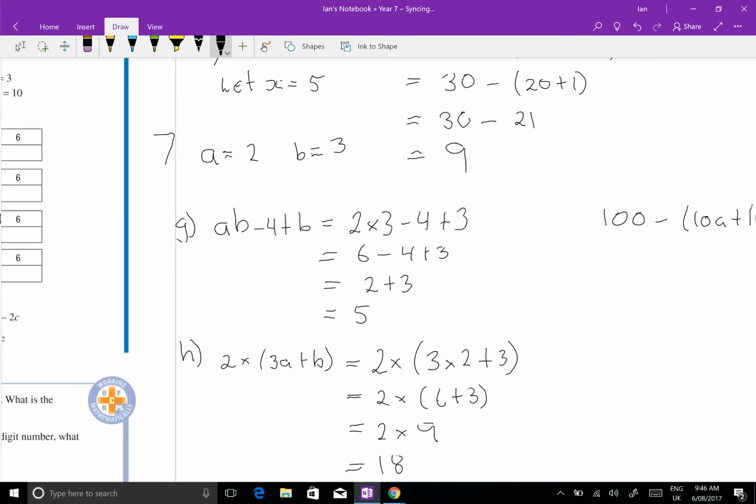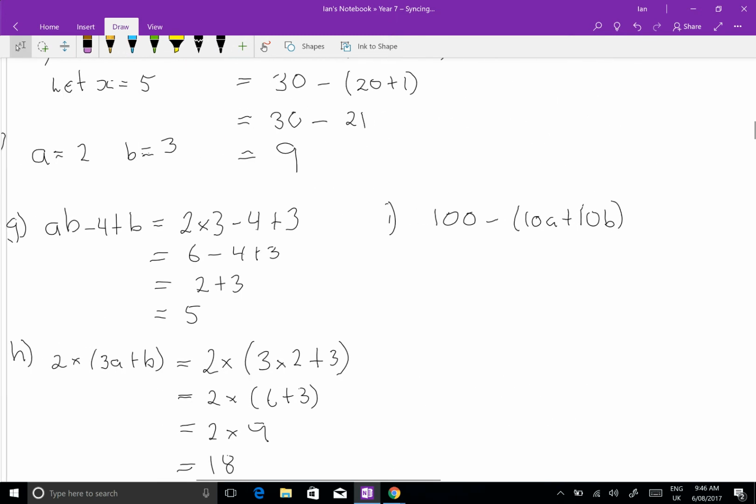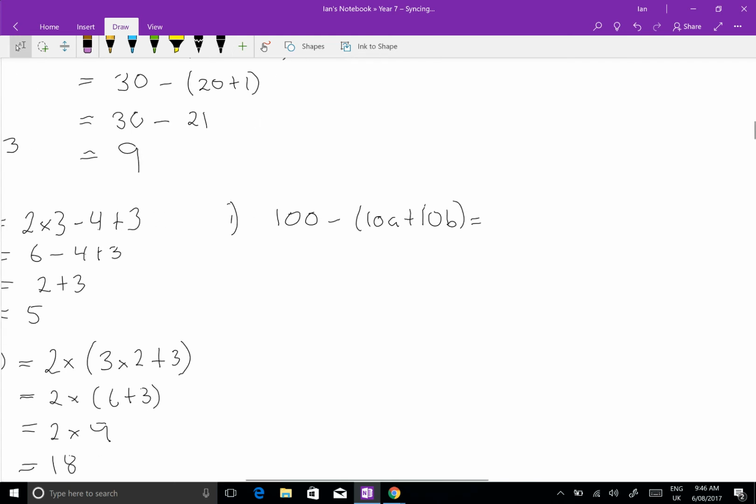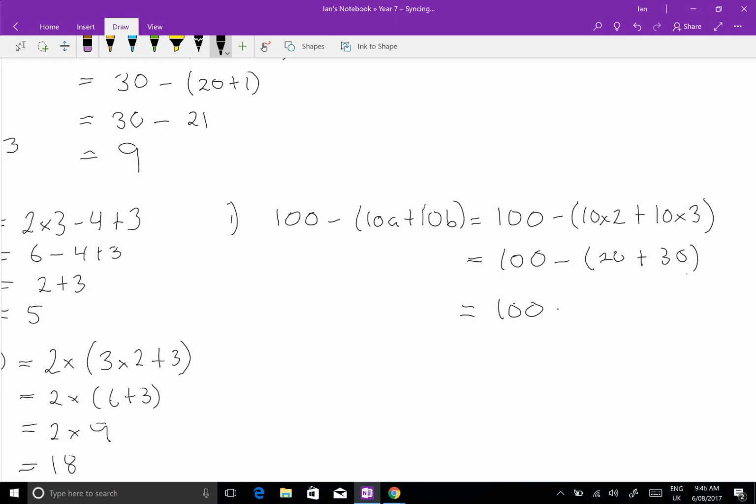And this is I. Now remember, A equals 2 and B equals 3. So equals 100 minus 10 times 2 plus 10 times 3, which equals 100 minus 20 plus 30. Do the brackets now. 50. And 100 minus 50 is 50.